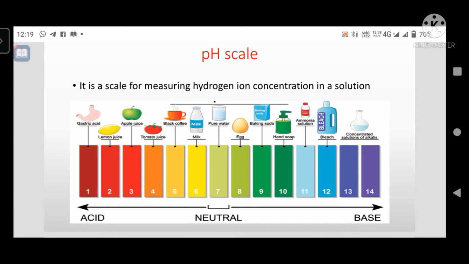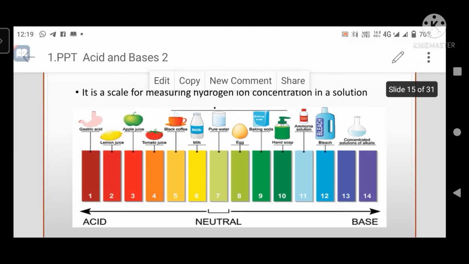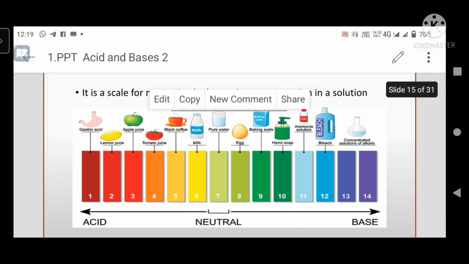Now, the gastric acid we studied in the last period, lemon juice, apple juice, tomato juice, black coffee, milk, pure water, egg, baking soda, hand soap, ammonium solution, bleach, and the concentration of alkalis: we can easily understand on this digital diagram of the pH scale. Which things are acidic?